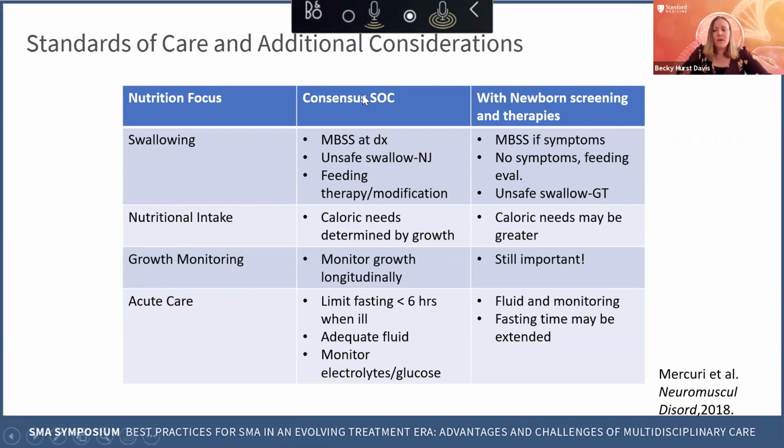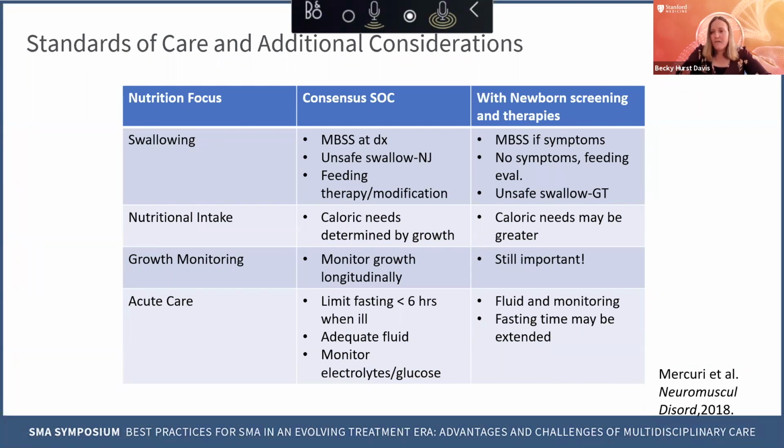And with our newer therapies right now, we're all kind of playing this by ear because it is newer to us. But with newborn screening, if we're catching these kiddos early enough and we're able to treat them right away with some of the therapies, we're usually only doing a modified barium swallow if there are symptoms.